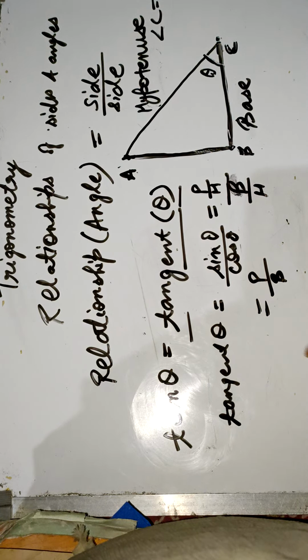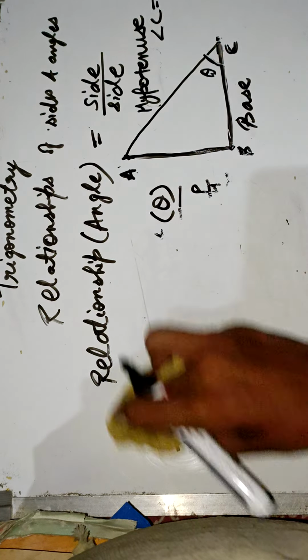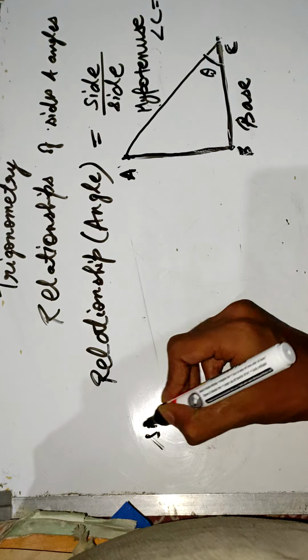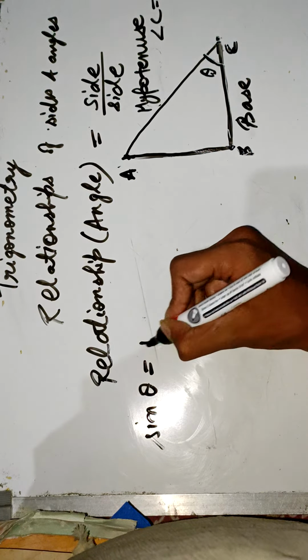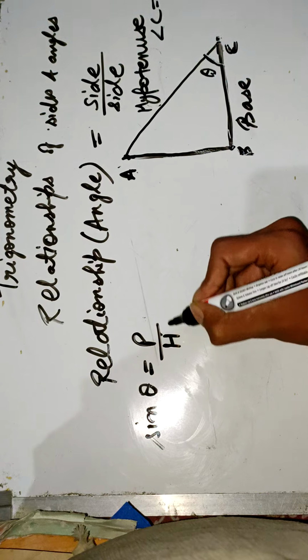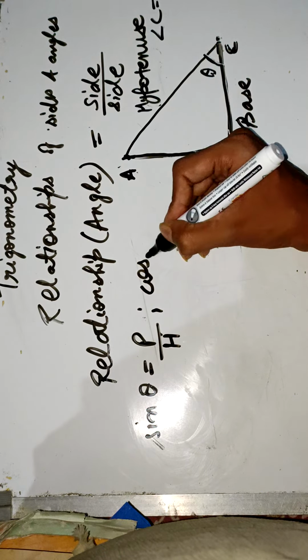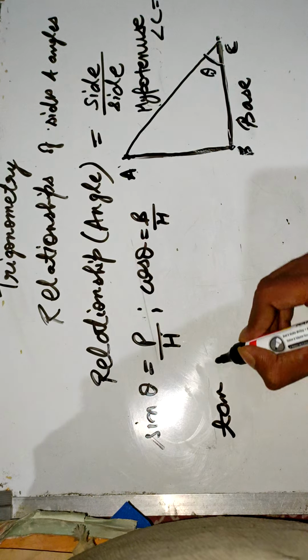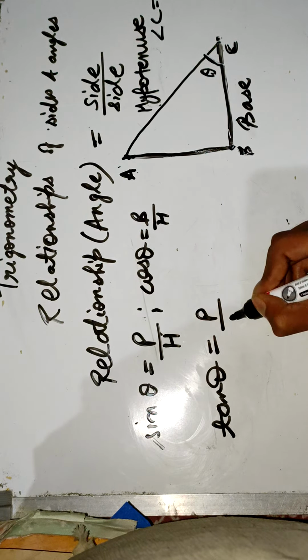So whenever we are talking about tan theta, sine theta, cos theta, as a summary, let us see what things are there. Sine theta is equal to perpendicular upon hypotenuse, cos theta is equal to base upon hypotenuse, and tan theta is equal to perpendicular upon base.